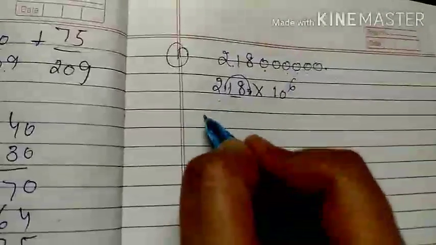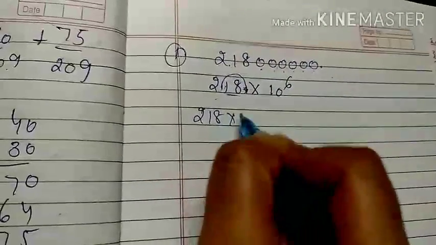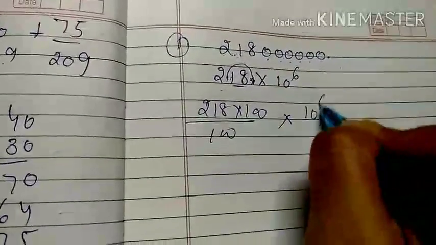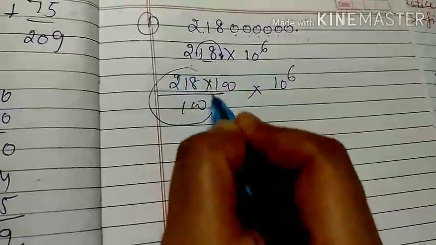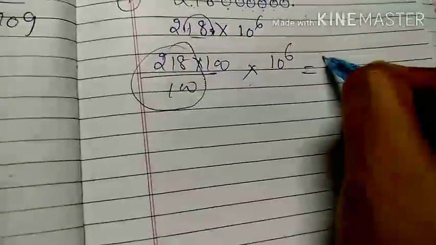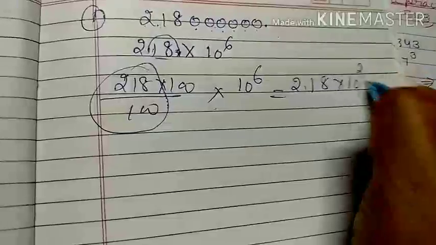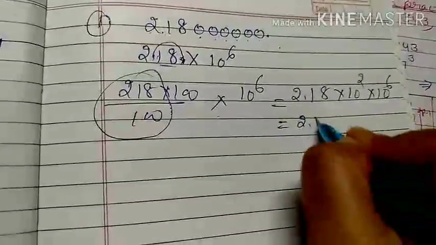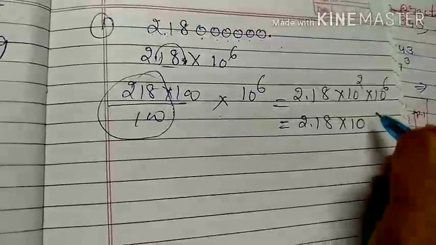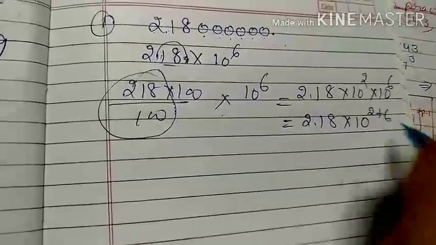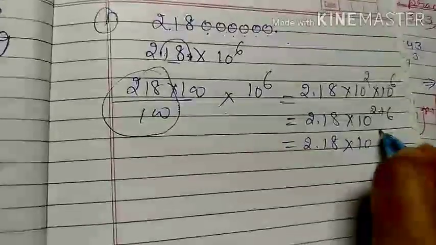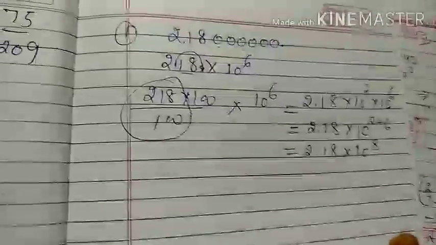That means I have to multiply and divide by 100, with 10 raised to power 6, and this is converted into 2.18 into 10 raised to power 2 into 10 raised to power 6. If the base is the same, the powers are added: 10 raised to power 2 plus 6 gives me 8. So 2.18 into 10 raised to power 8 is my required answer.